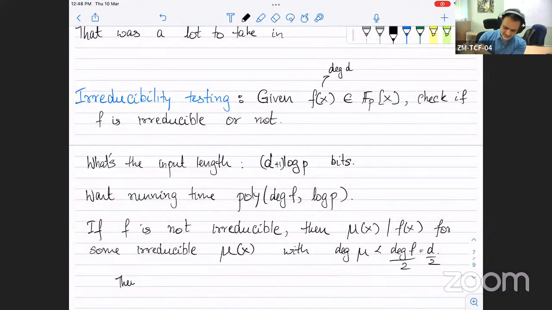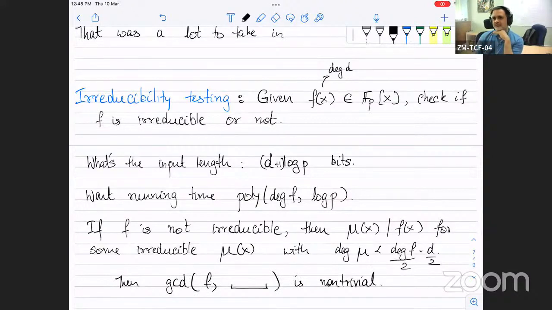I want to say then the GCD of f with something is non-trivial. What should this something be? Can you come up with a polynomial that has mu of x as one of its factors? Because then if I take its GCD, I will end up with... I don't know if I'm making sense here.